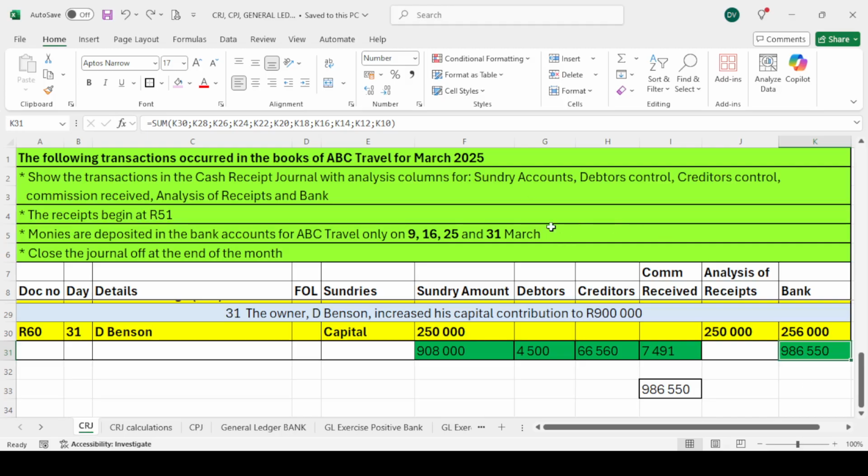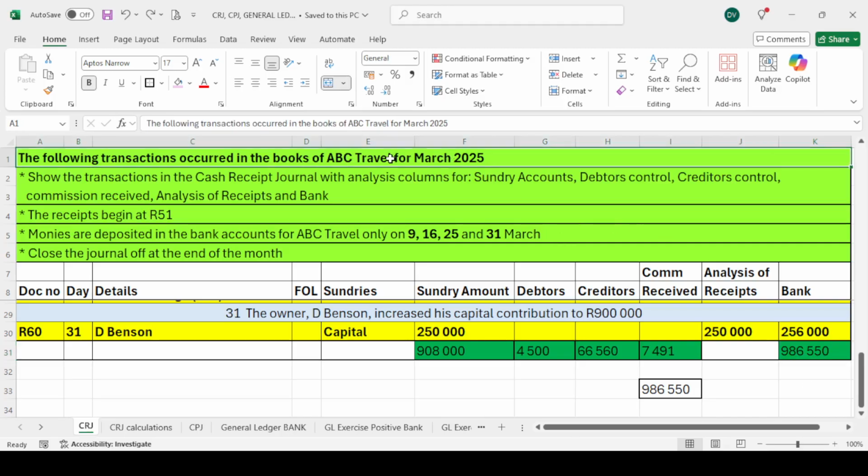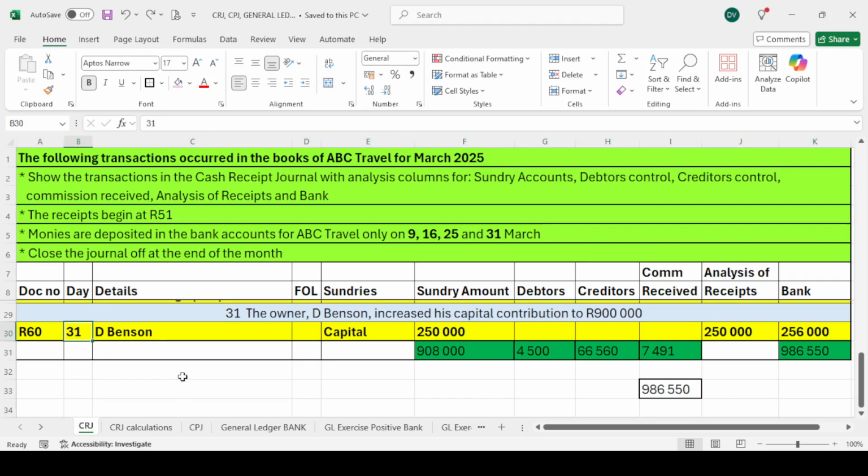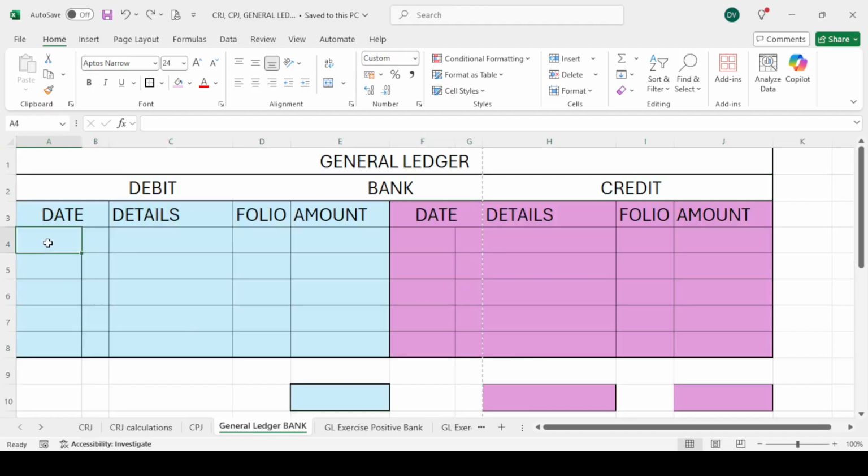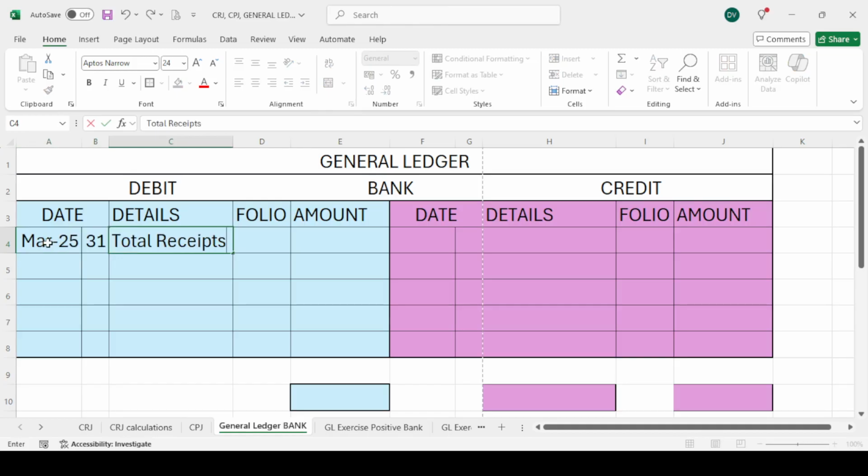This CRJ, we did it for the month of March, and you will usually close off your journal at the end of the month, which was the 31st of March. You're going to insert your total of your bank onto your general ledger directly from your cash receipt journal. So it's going to look like this. You put in your date, March 31st, and we simply call it total receipts.